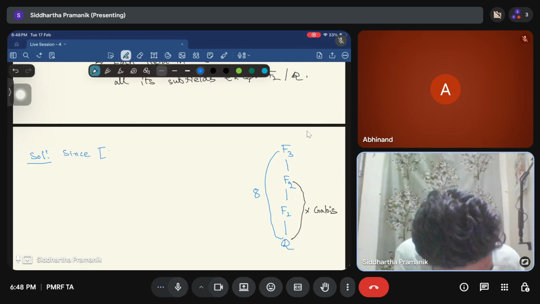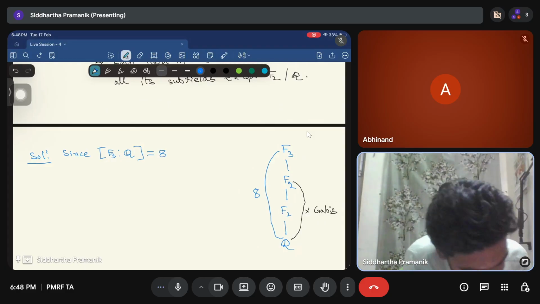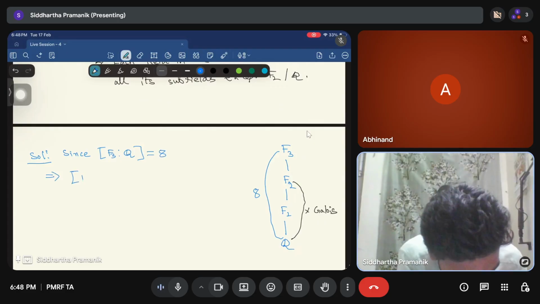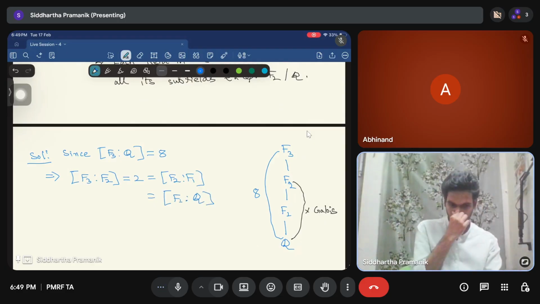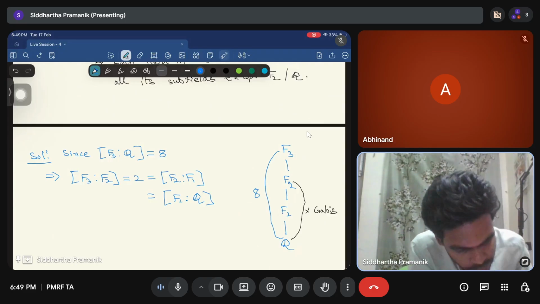Since the degree of F3 over Q is 8, the degree of F3 over F2 is 2, and this is also the same as the degree of F2 over F1, which is also the same as F1 over Q. So this has to be 2, because all these fields are distinct.